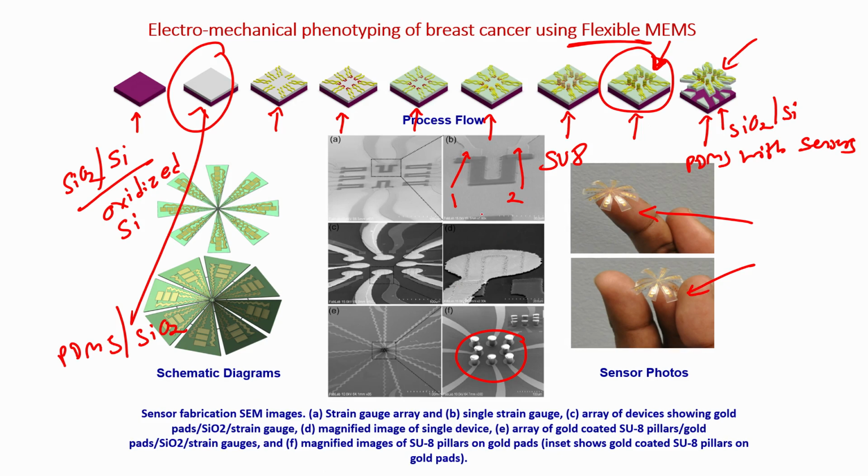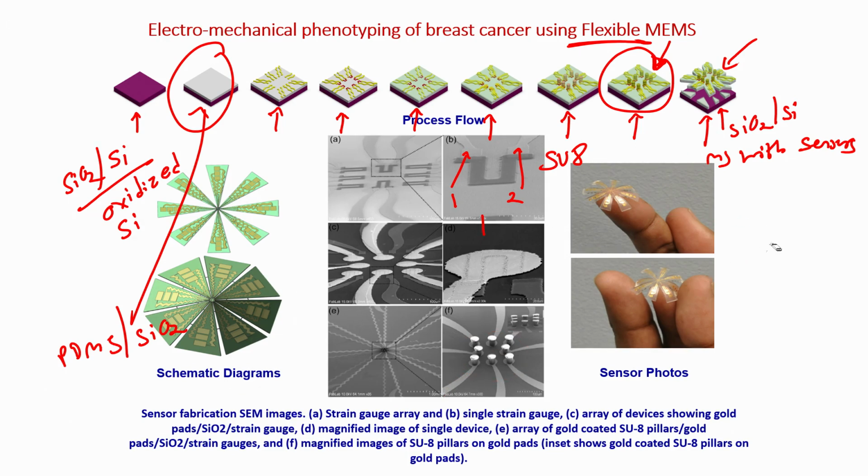Just 1 for the electrode. So, we consider the electrode is the gold pad over which there is an SU8 pillar, and that SU8 pillar is conductive because it is coated with a metal. Now, we have a sensor.